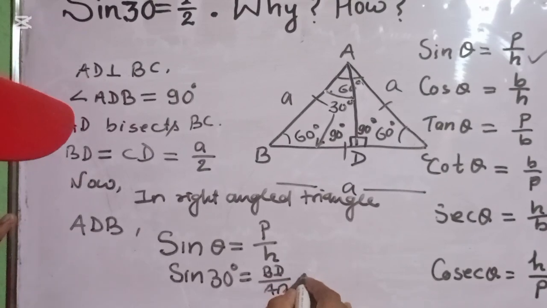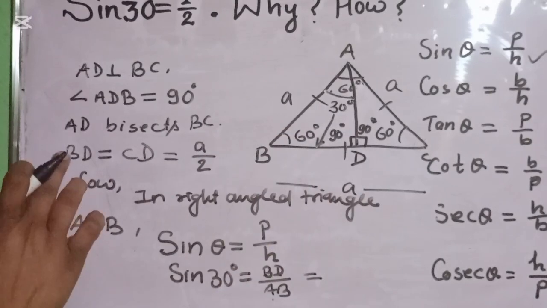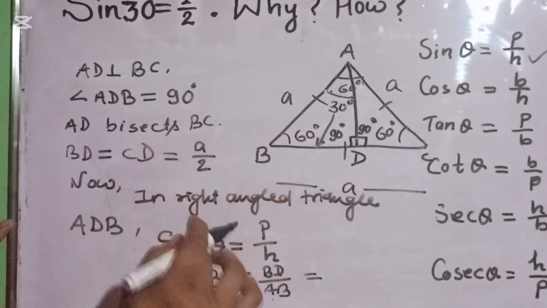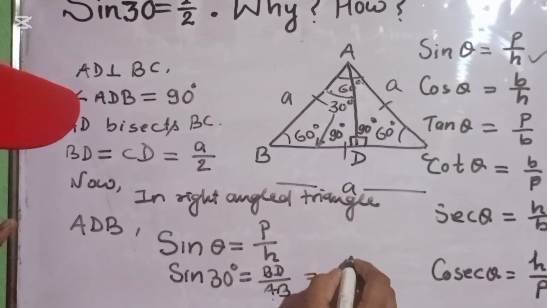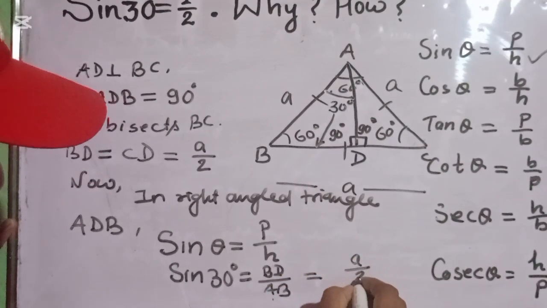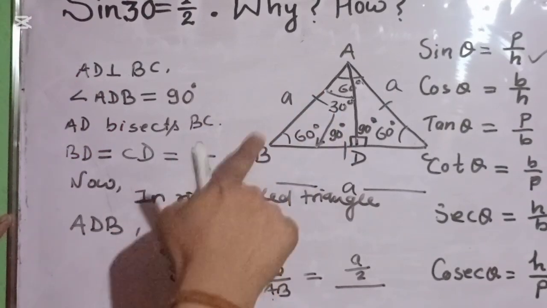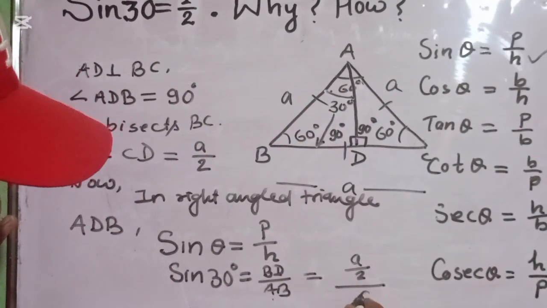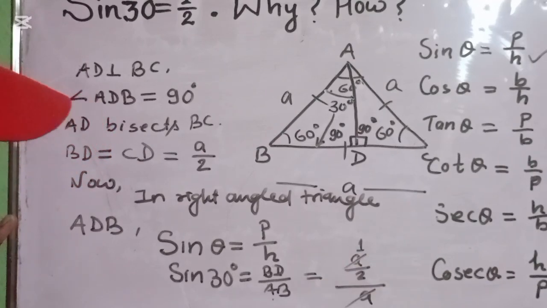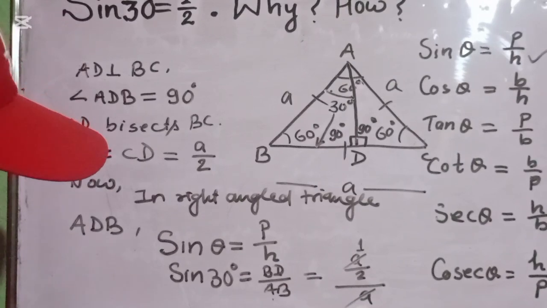Then now we can write, what is the value of BD? Just now we have written that BD is half of this A, that means A by 2. In place of BD, write A by 2 and whole upon hypotenuse AB, which is A. Then this A and this A cancel, and they remain.